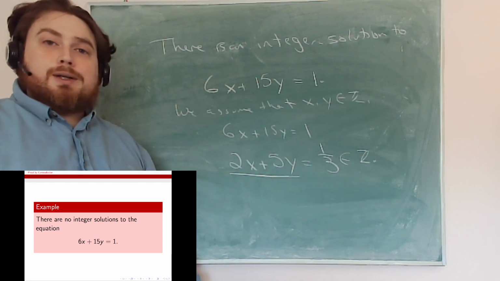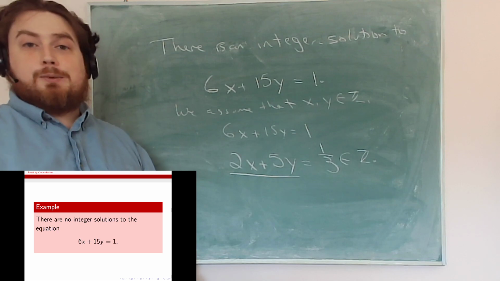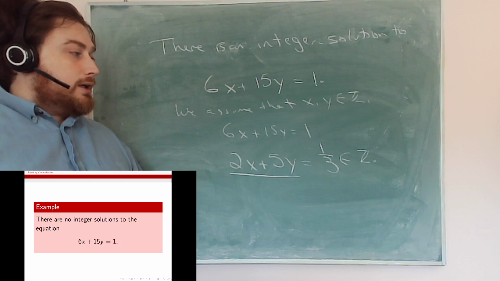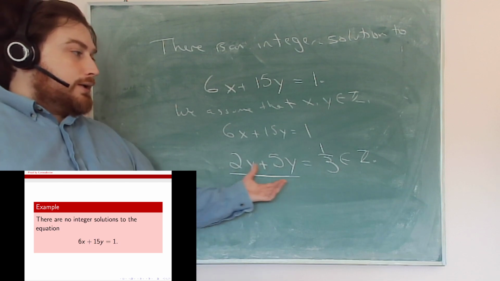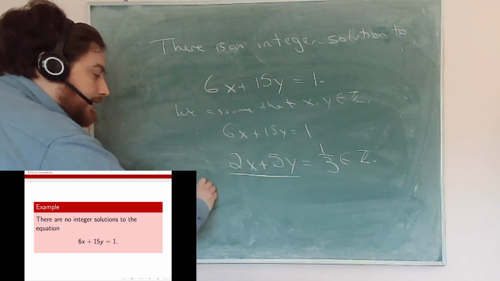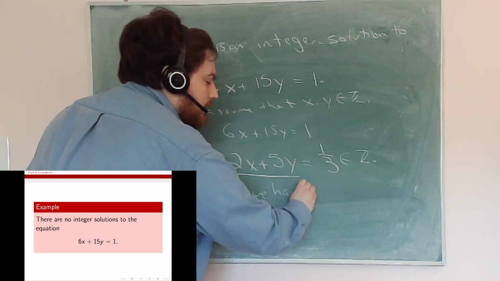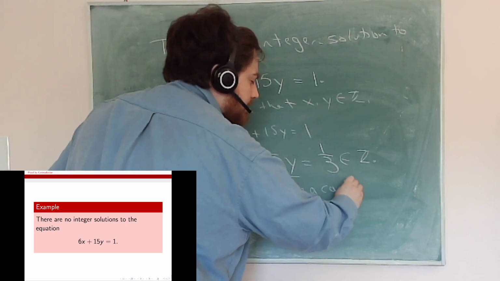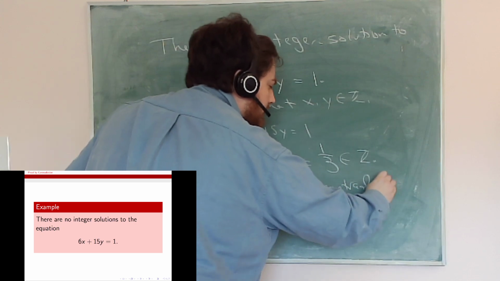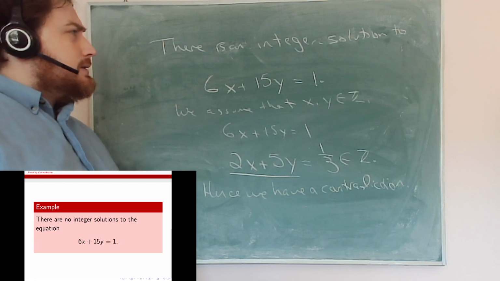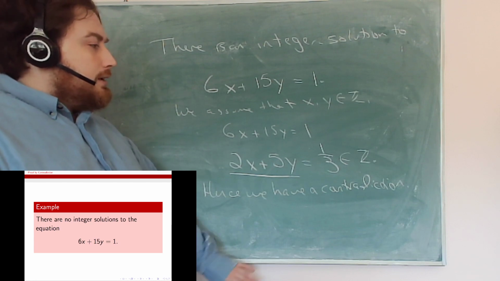However, is 1/3 an integer? Well, no. It is clearly not. It's not a positive, negative whole number or 0. So that is clearly not an integer, so hence we have a contradiction. So we found something that we knew was false. So what does that mean?